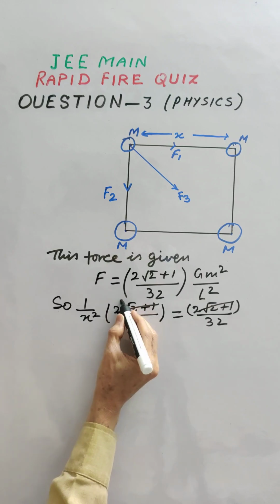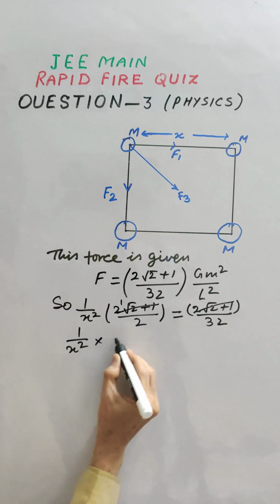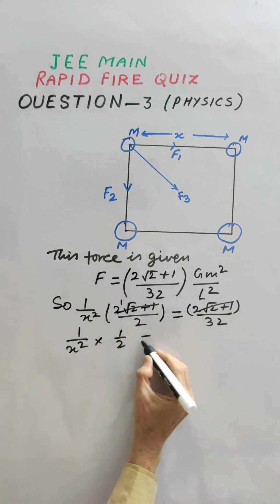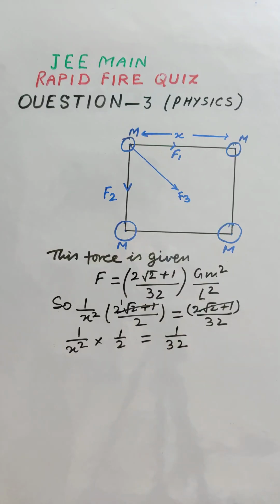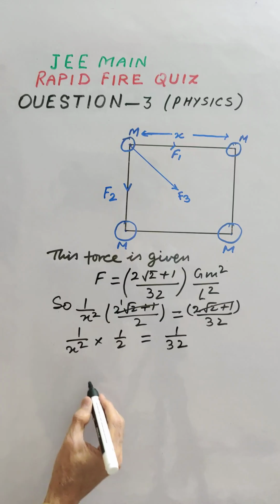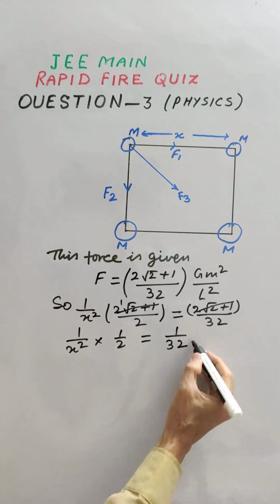So 1 upon x square into 1 upon 2 is equal to 1 upon 32 L square.